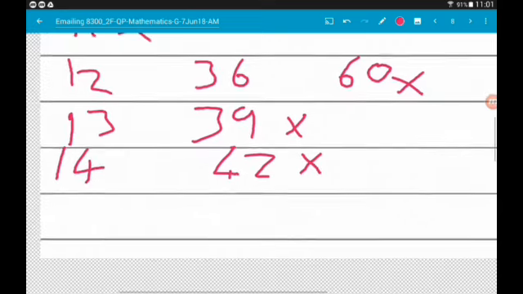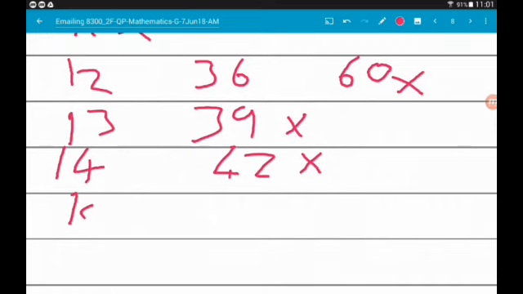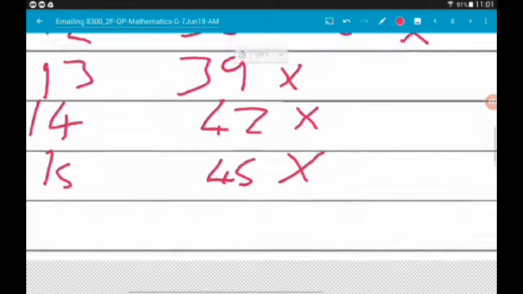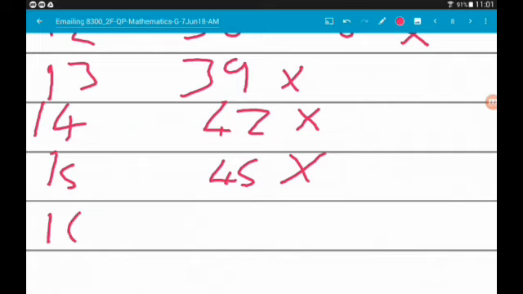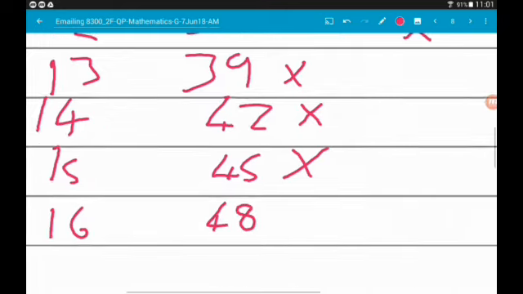So, nope. 15. 3 times 15 is 45. 5 has repeated. 16. 3 times 16 is 48. So that's alright up to there. 5 times 16 is 80. So the 8 has repeated.